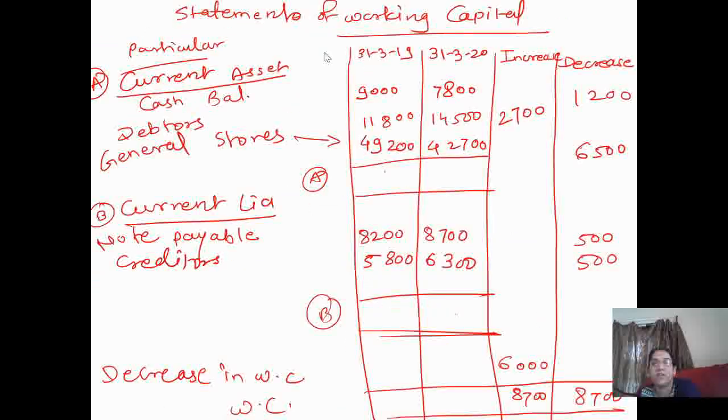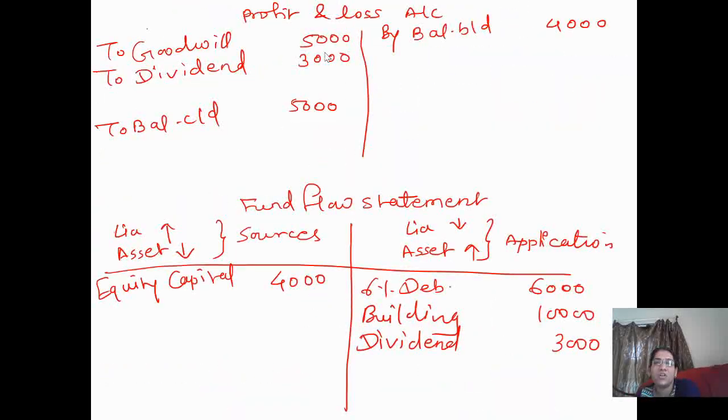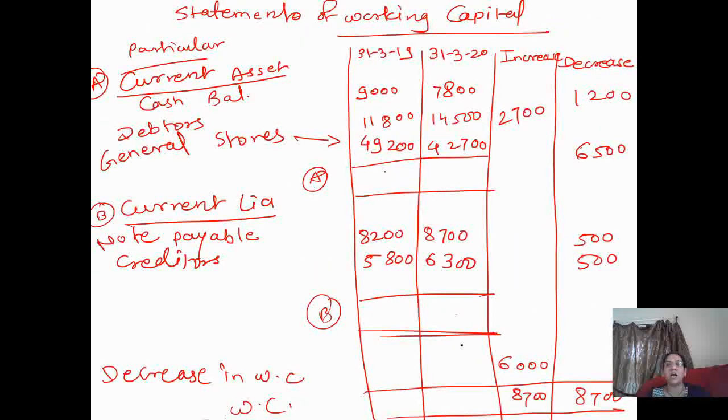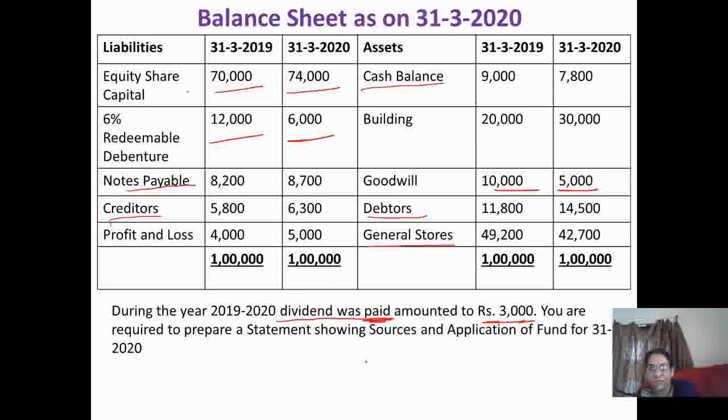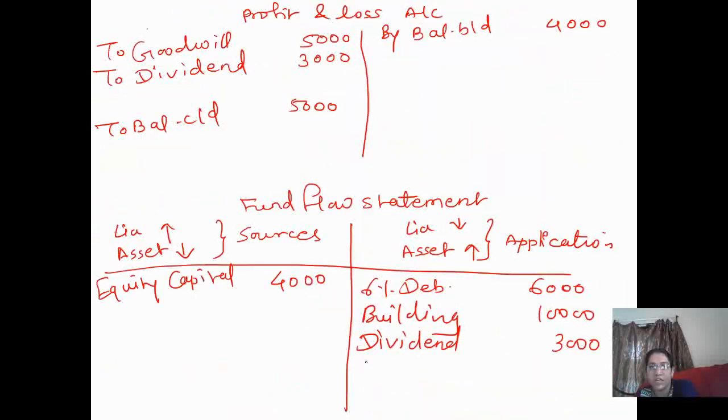Okay. Then next, you are required to prepare the statement of working capital. Here we have already calculated under the working capital statement that the decrease in working capital amount was rupees 6,000. This balance will be shifted to the fund flow statement, sources side.